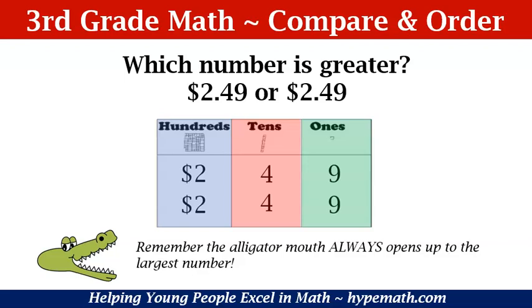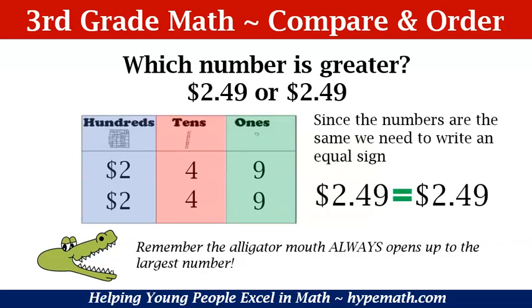So we move to the tens place. In the tens place, our numbers are the same. So we move to the ones place. And our ones place have the same numbers as well. So our answer is there is no greater number. They are the same value, so we need to use an equal sign. Sorry, Mr. Alligator.